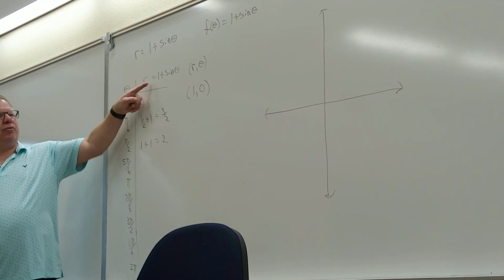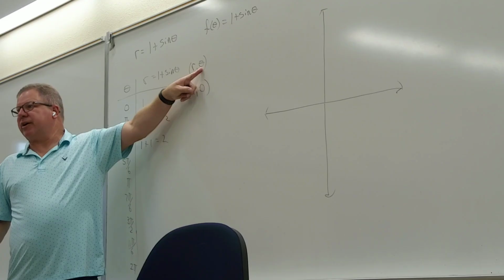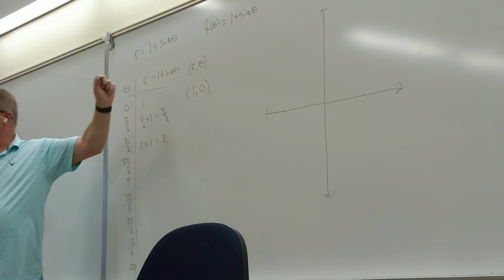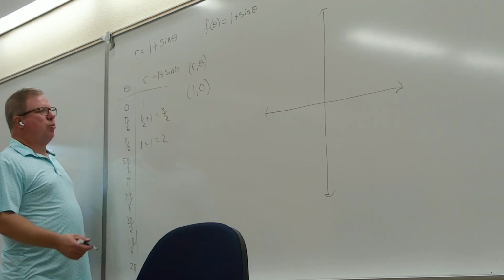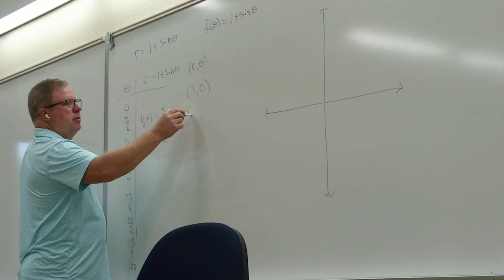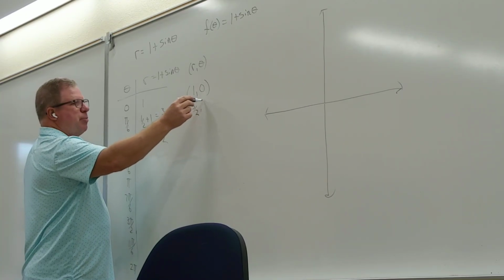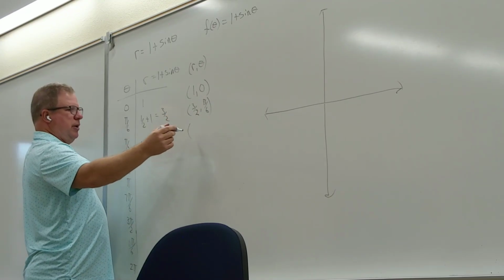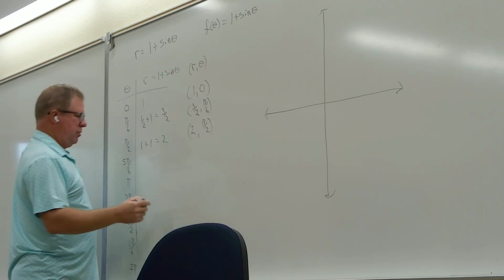It's backwards of what we did over here. Theta is the independent variable, it's backwards of X and Y. Theta is the one that we choose values for, R is the result. So 1, 0, and 3/2, pi over 6, and 2, pi over 2.